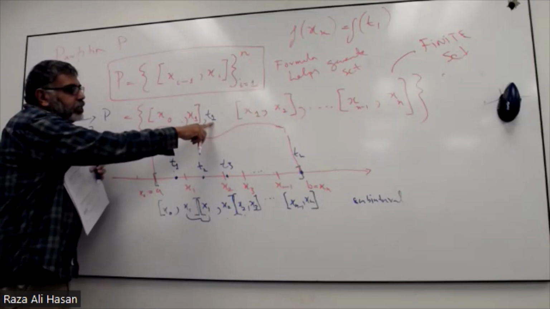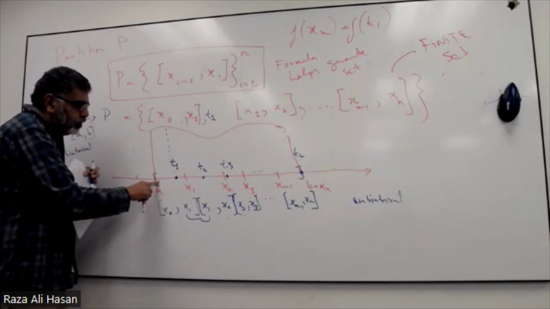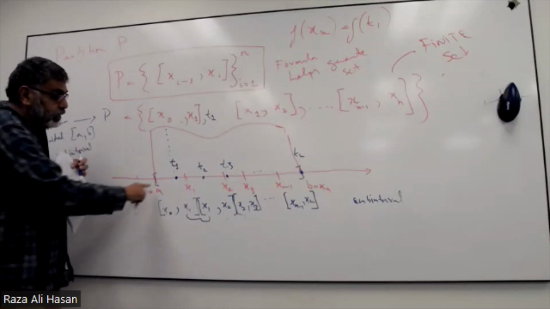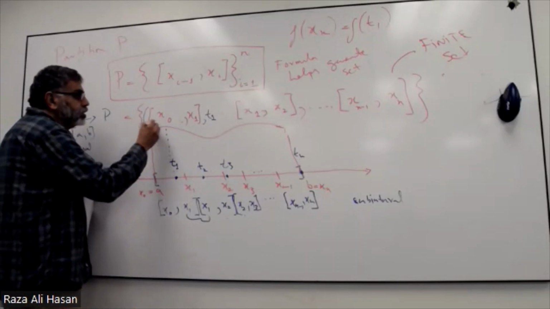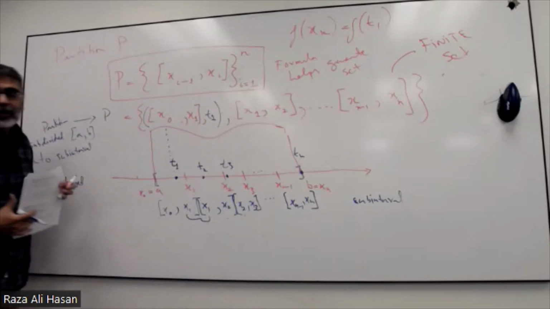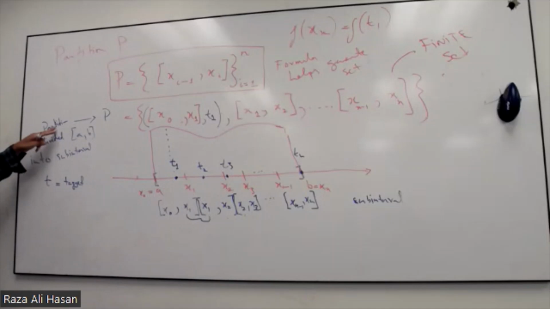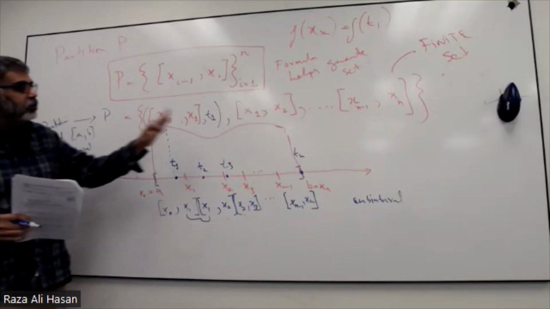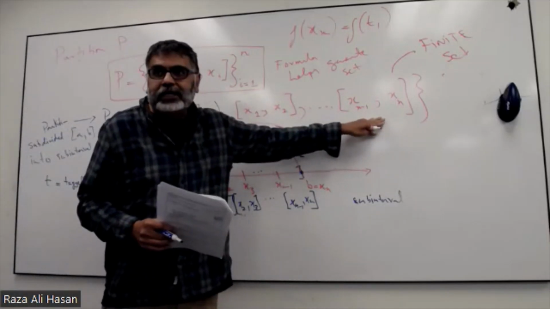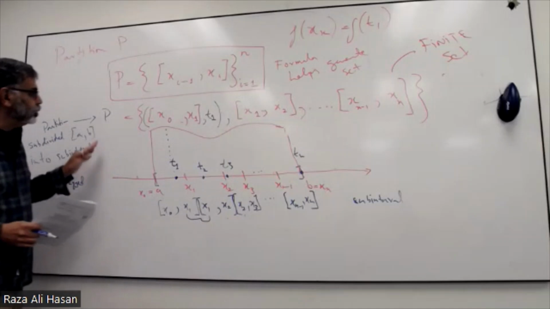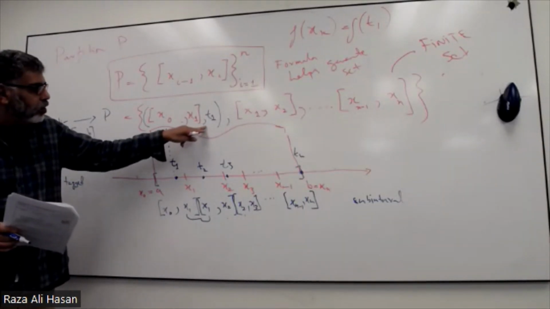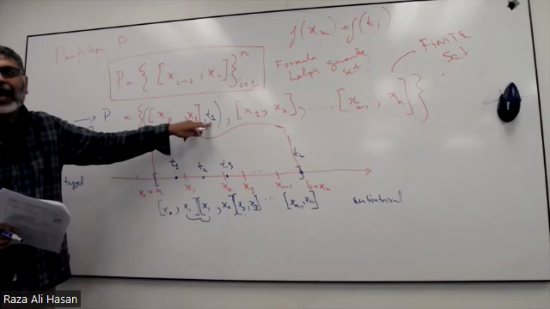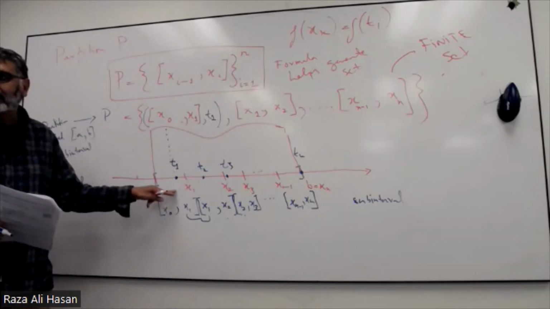Comma, we put the tag that randomly we chose, a number between these two endpoints. What's happened? Now our partition before only had subintervals. Now our partition, at least the first subinterval, comma, has the tag that we chose randomly.